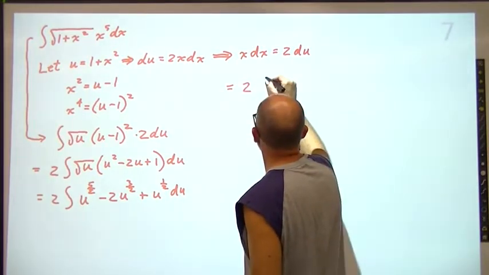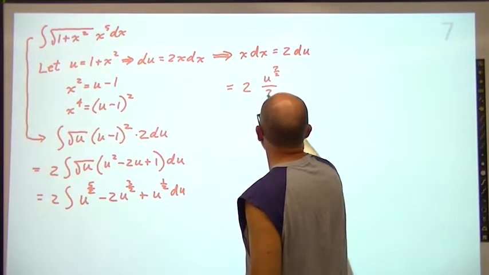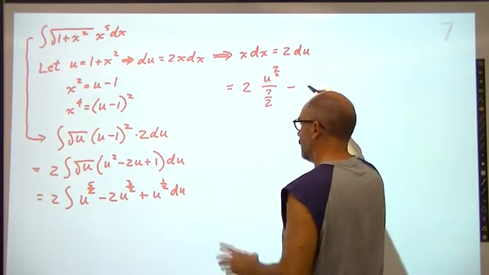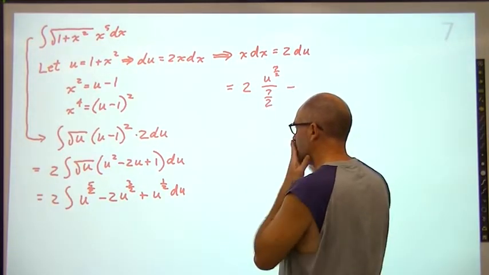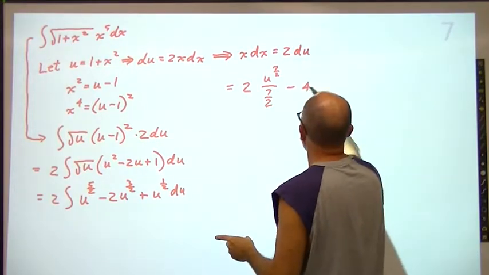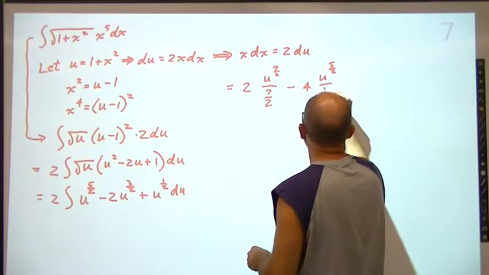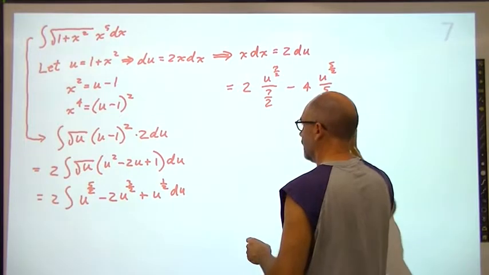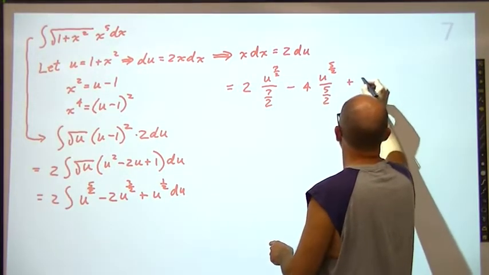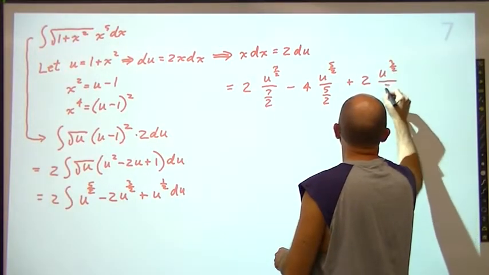So 2 u to the 7/2 over 7/2, minus 4 u to the 5/2 over 5/2, plus 2 u to the 3/2 over 3/2.